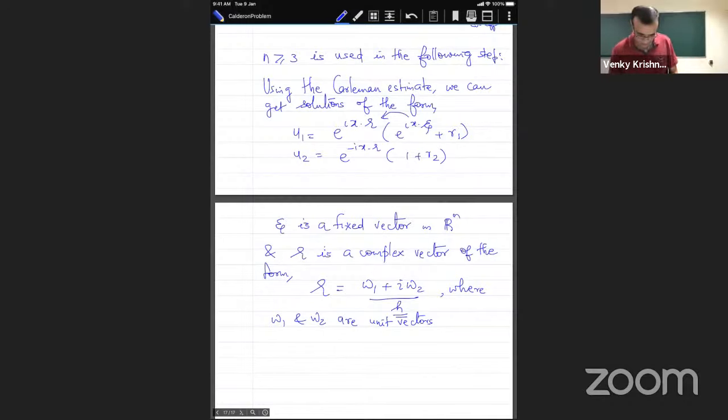That is established because omega 1 and omega 2 are unit vectors, divided by the same h. But now I also need that omega 1 and omega 2 are perpendicular to each other.